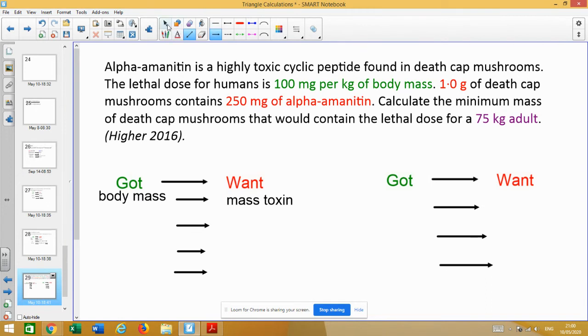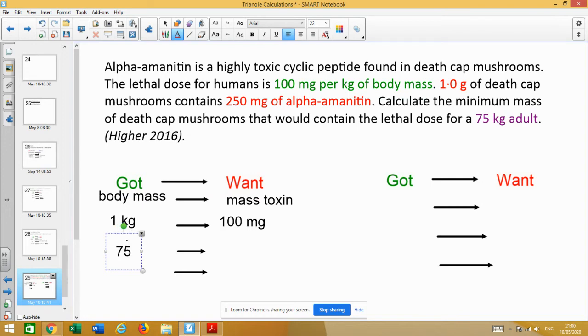Okay, so we know that 1 kilogram, because it says per kilogram, the lethal dose is 100 milligrams. So we know 1 kilogram and 100 milligrams.